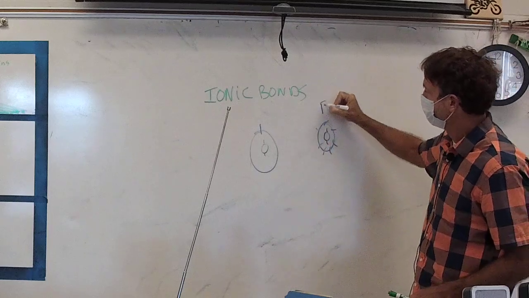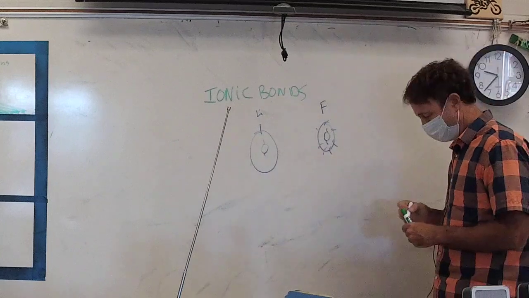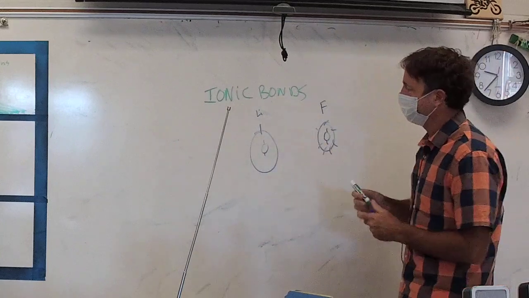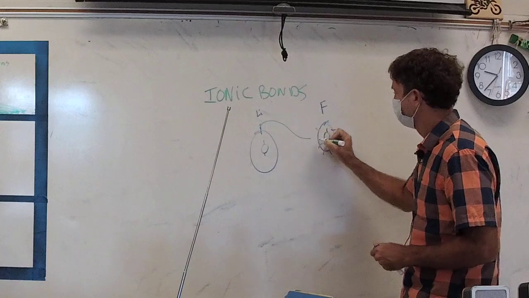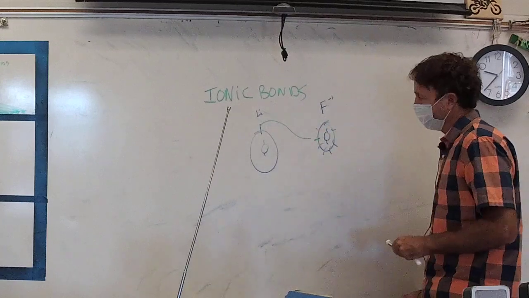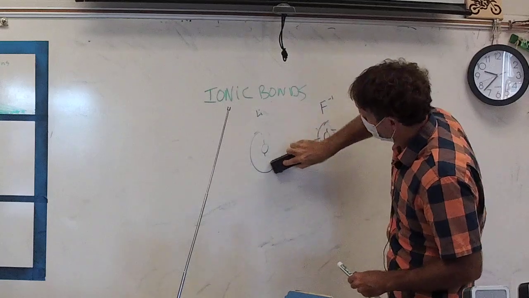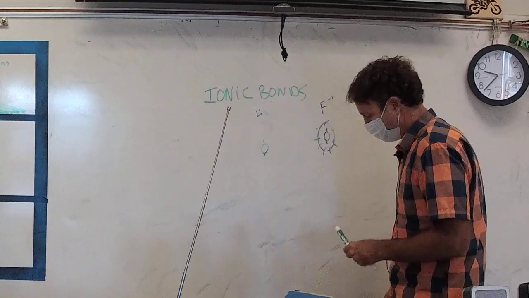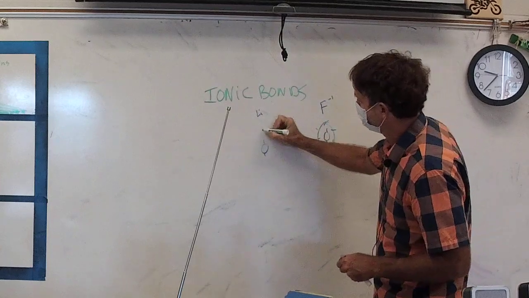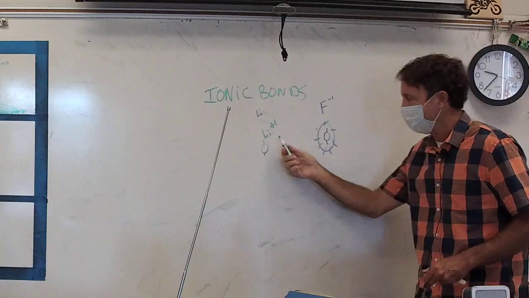Fluorine is very electronegative. Lithium has a low ionization energy. Fluorine will take that electron from lithium, and now fluorine will be -1. Lithium has been ionized. They've both been ionized. It has shrunk greatly. Now it's lithium +1 and fluorine -1. This is a cation.